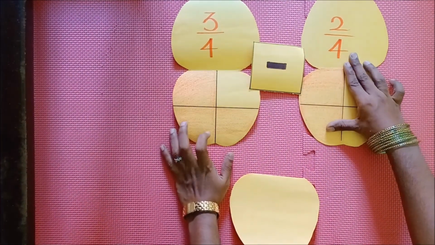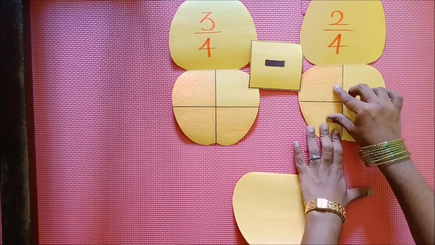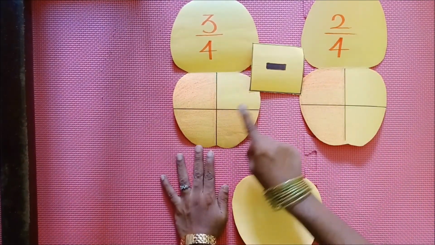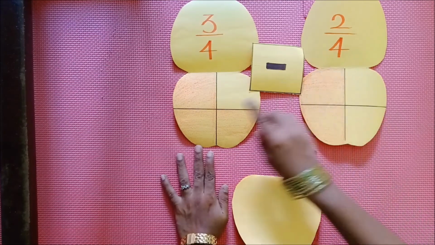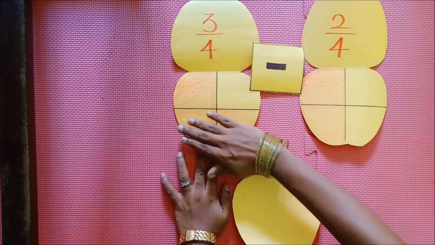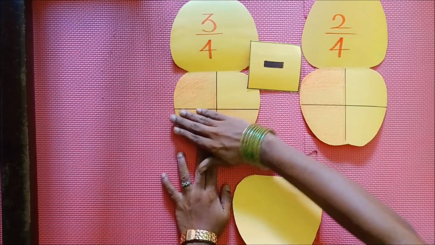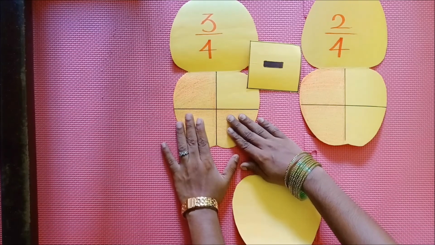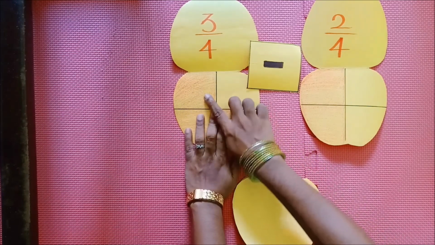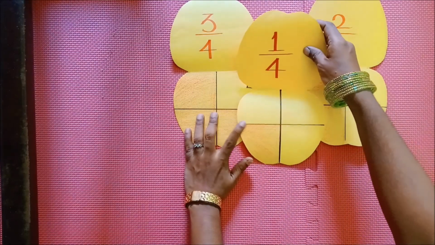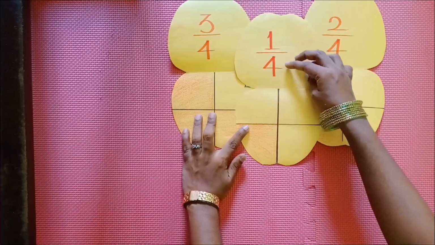Look at the second one: out of 4 portions, 2 are covered. Now the question is 3/4 minus 2/4. From the 3/4, you have to subtract the 2/4. That means you have to subtract these portions; the portions you subtract become unshaded. So what portion is shaded here? Only one portion is shaded. So your answer is 1/4.